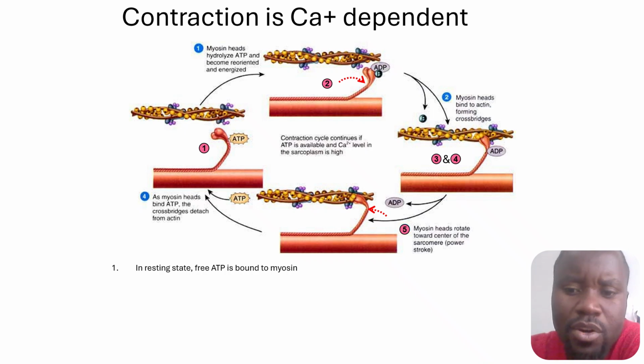Troponin then activates tropomyosin to expose on the actin where the myosin should bind, such that when the myosin binds to the actin, they are activated to move the actin towards the center from both ends of the Z line.